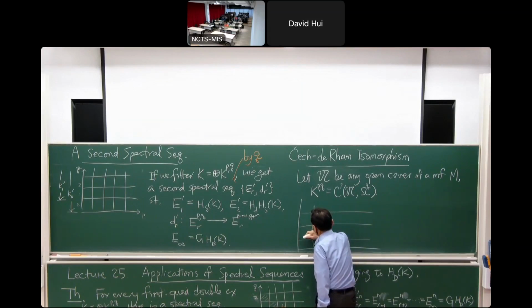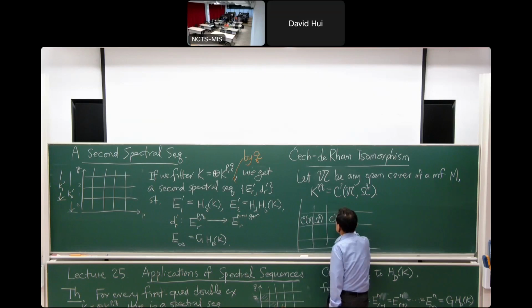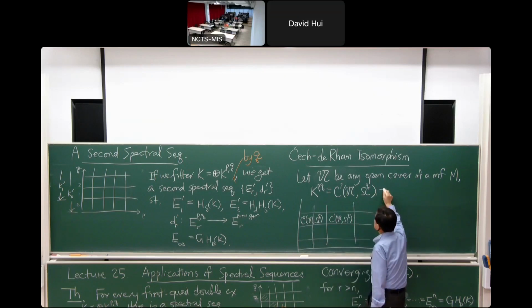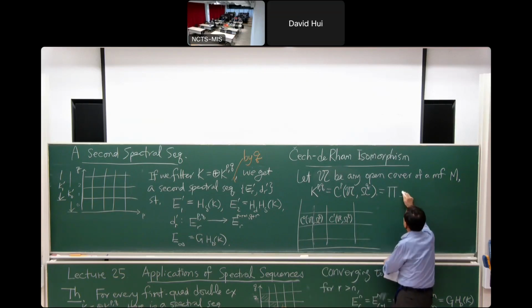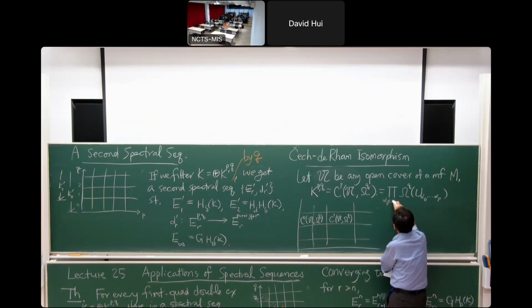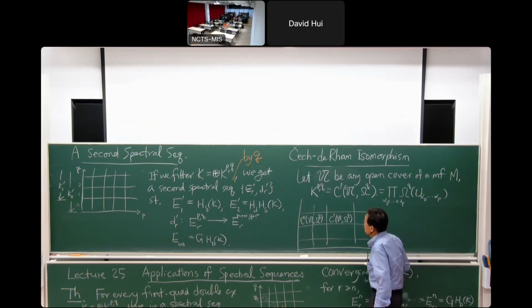Here is C^0(U, Ω^Q), C^1(U, Ω^Q), and so on. And this C^P(U, Ω^Q) means a direct product of Ω^Q over the (P+1)-fold intersections. So this is K.